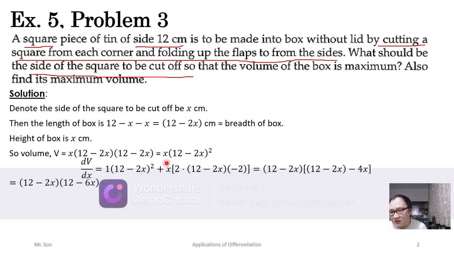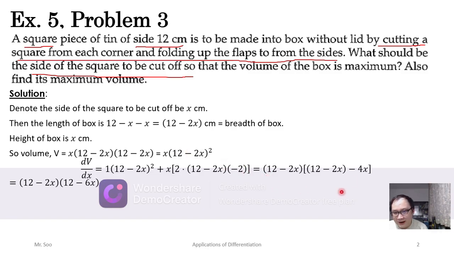Using our product rule, differentiating x with respect to x gives 1. Then you keep the second term, plus keep the first term x and differentiate the second term. The second term is (12 minus 2x) squared, right? You bring down the power 2, keep the inside of the bracket the same, and then differentiate the term inside the bracket, which is negative 2x. Differentiating with respect to x, you get negative 2. The 12 will be 0 because 12 is a constant.